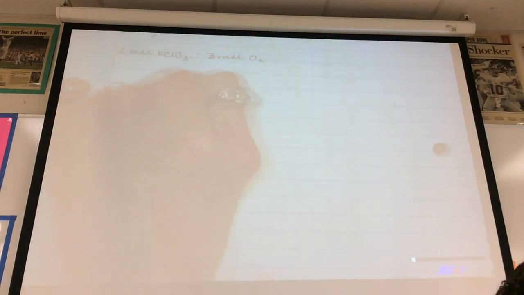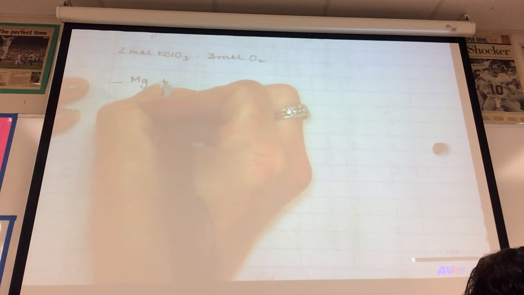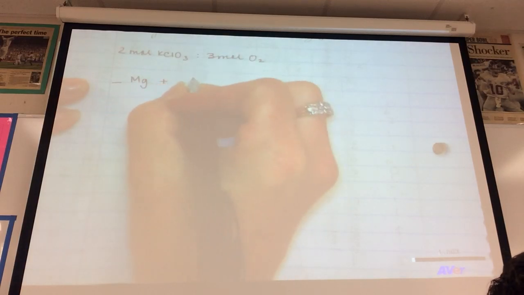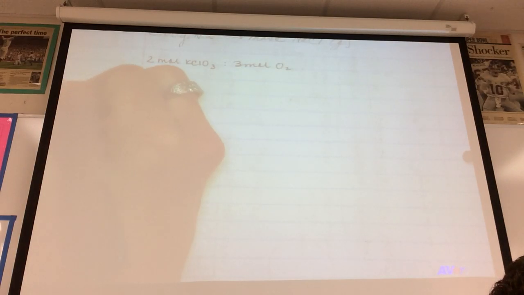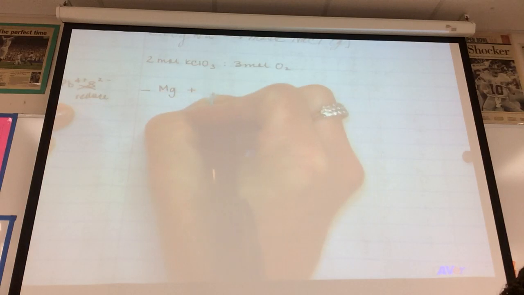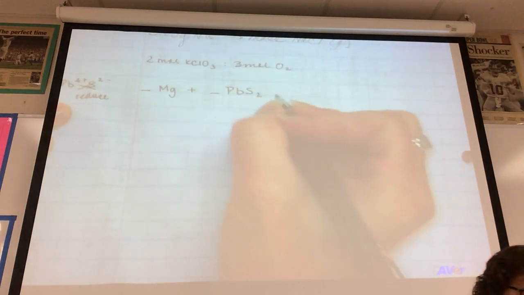So you have magnesium reacting with lead 4 sulfide, and again, formula writing is critical. Lead 4 sulfide.